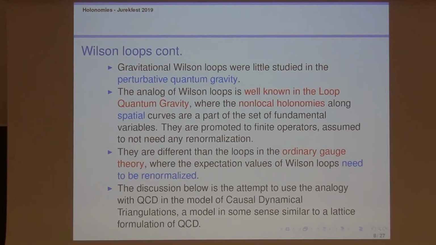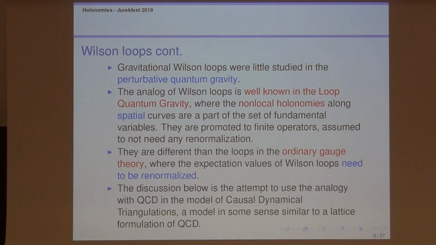We would like to see if we can use objects like Wilson loops in the context of discretized manifolds, which are typical for QCD, for our model of causal dynamical triangulations.